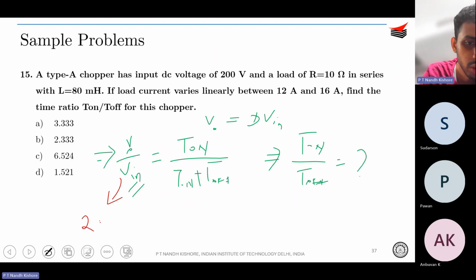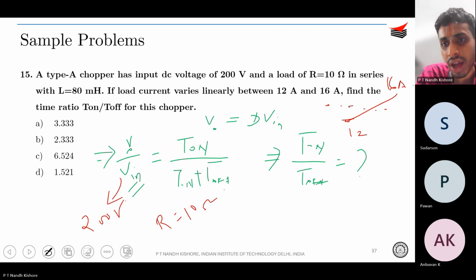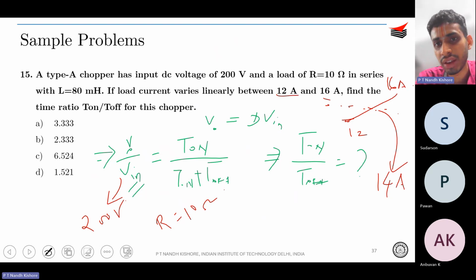Input is given as 200 volts. R is equal to 10 ohms. Load current varies linearly between 12 to 16. So Imin is 12, Imax is 16 amperes. So what is your IL average? IL average needs to be 14 amperes, because 12 to 16 is the inductor current.